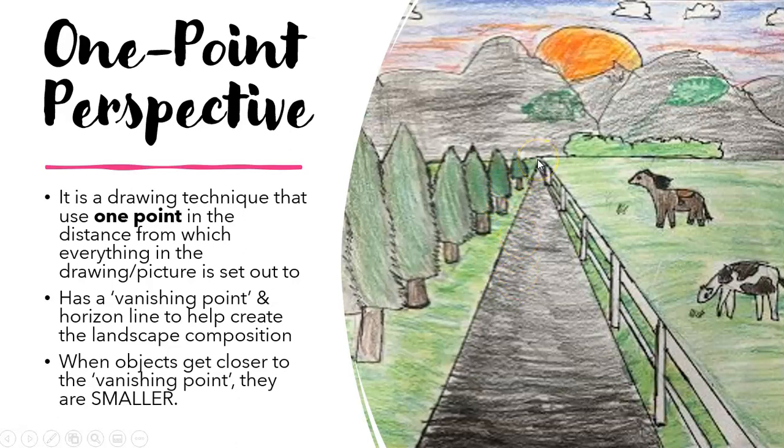This point is called a vanishing point, and there's also a horizon line. Those of you that took Intro to Drawing with me or Mr. Creighton have been taught 1-point perspective. If you have questions about it, you can reach out. Also notice that when the objects get closer to the vanishing point, they are also smaller.